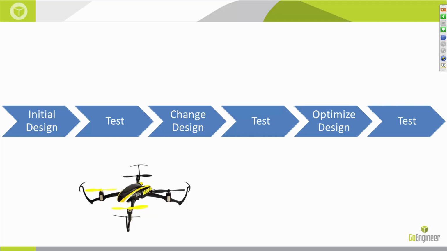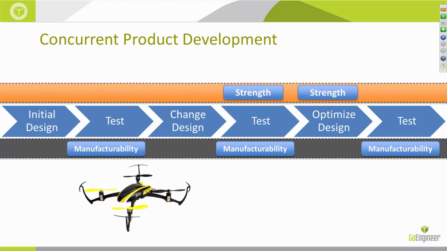You'll notice a pattern in this entire product development process. At every stage of a design change, I not only test the design for strength, but I'm also able to test it for manufacturability, thanks to the concurrent product development tools built inside SolidWorks.